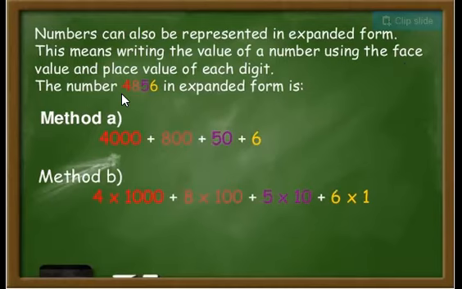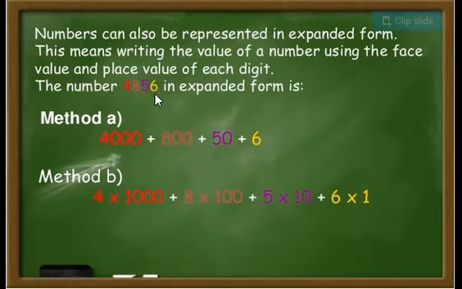Suppose we consider the number 4856 in expanded form. That one is now in standard form. So how can we expand this number? We can expand in two ways. First, if you know the counting, that is ones, tens, hundreds, thousands, then 4 is in the thousands place, so directly we can write 4,000 plus.